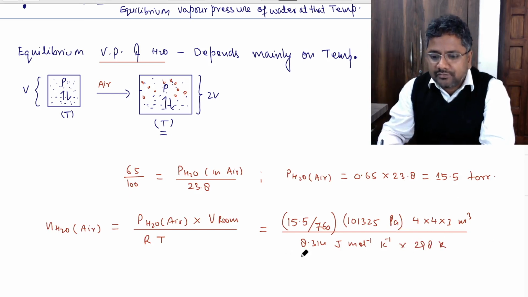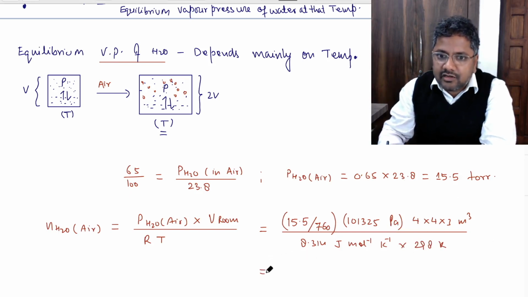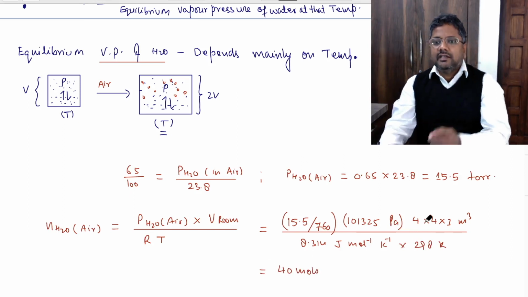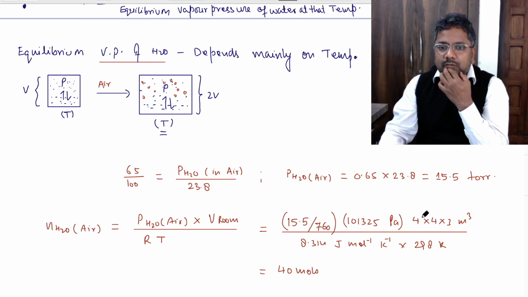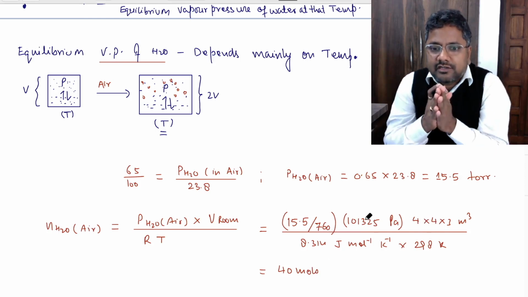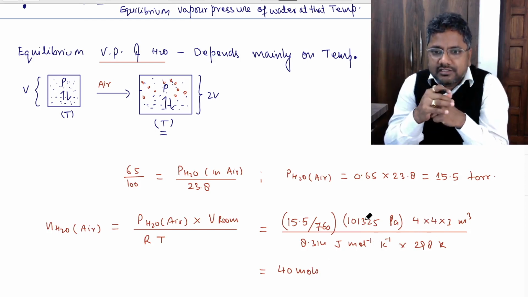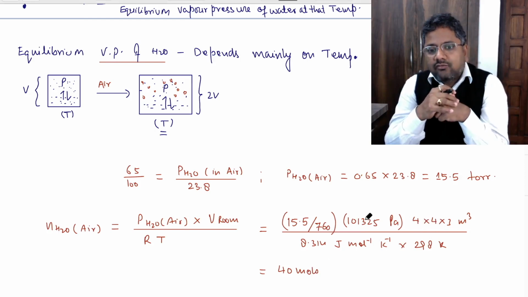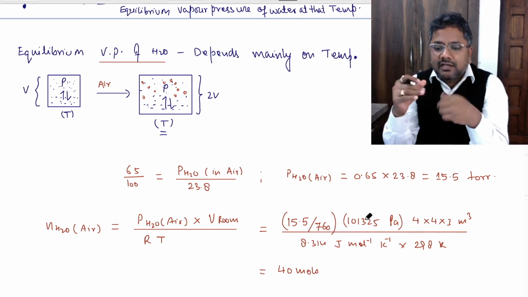If you solve this, you will get 40 moles. So in that room, under this condition, there are 40 moles of water present in the air.